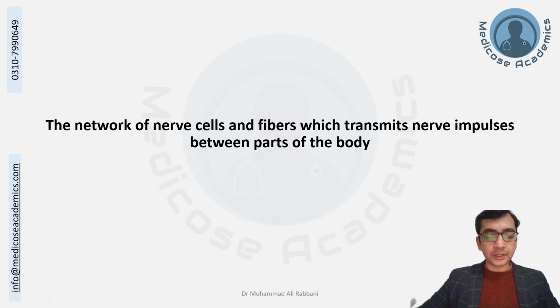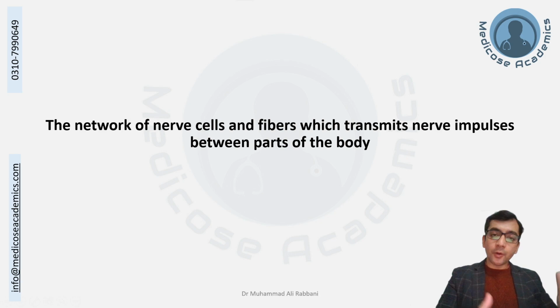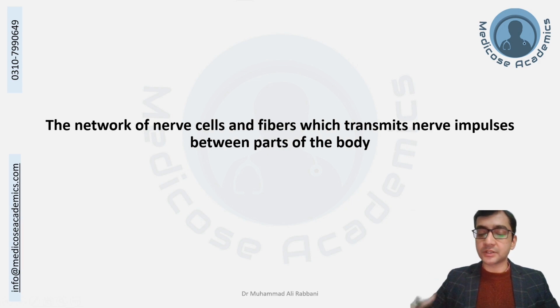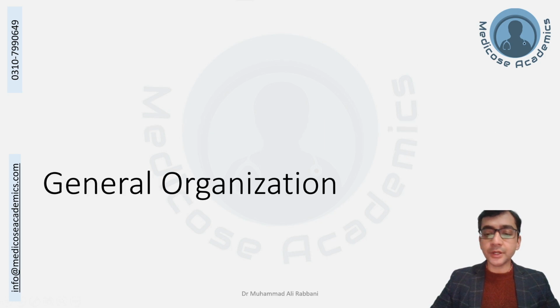The nervous system can also be defined in a different way, like a computer. It is the network of nerve cells and fibers that takes the information, processes it, and gives out the output to control the body and maintain the connection between each part. So that's about how it is made up and what the general organization of the nervous system is.